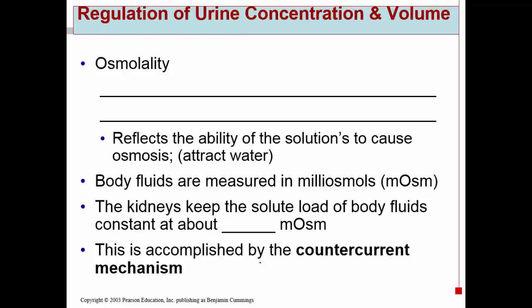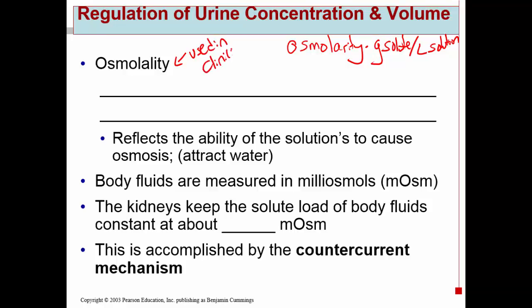Remember that we said osmolarity is grams of solute per liter of solution. It's a way to describe how concentrated a solution is, but also the ability of that solution to attract water. Well, osmolality is a similar term, but it's used in clinical settings.